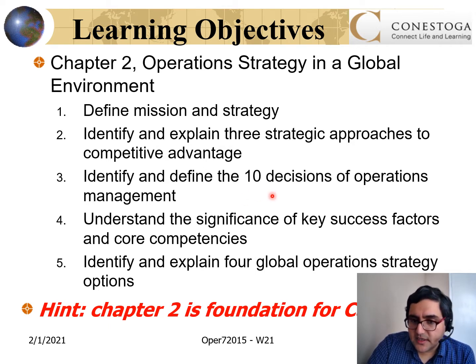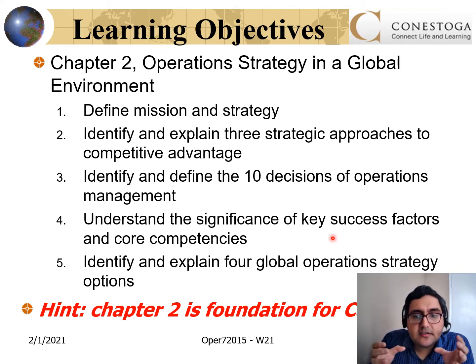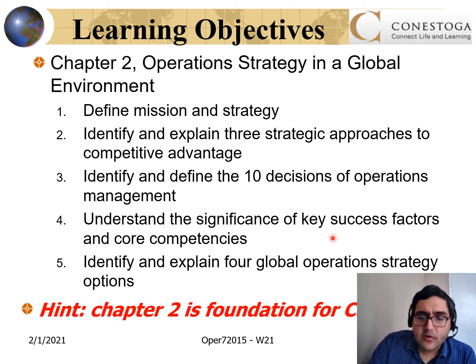And we also understand the significance of what's called as a key success factor and core competencies. So I will explain what makes a firm successful and what are the things which are needed to ensure that its competency is maintained within the organization. And we also, towards the end, we explain what's called as a global operation strategy.